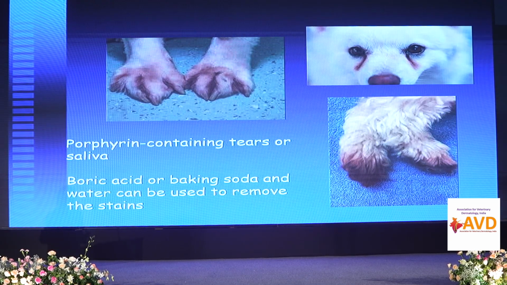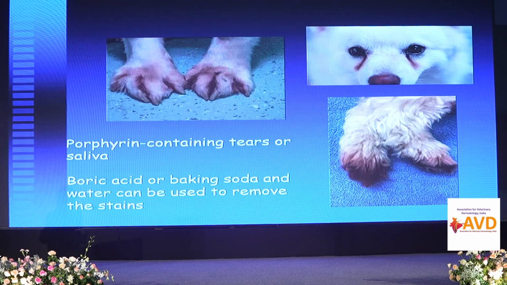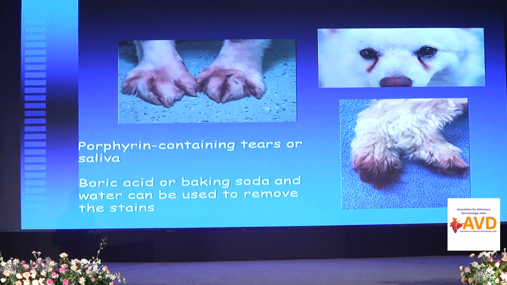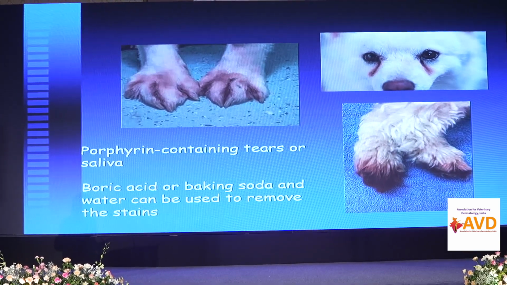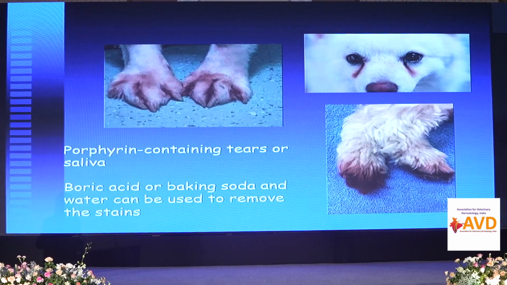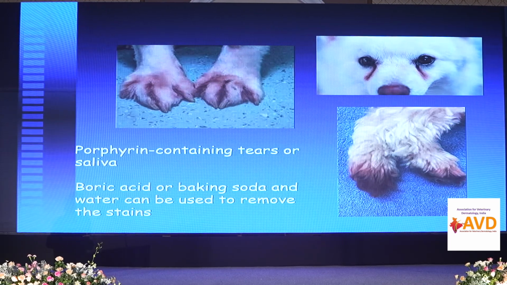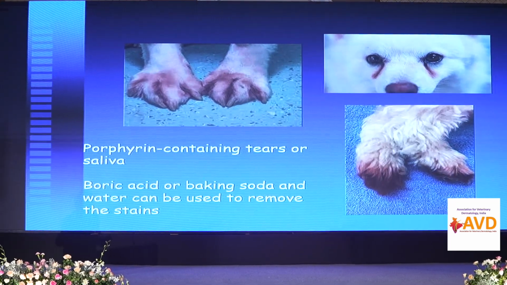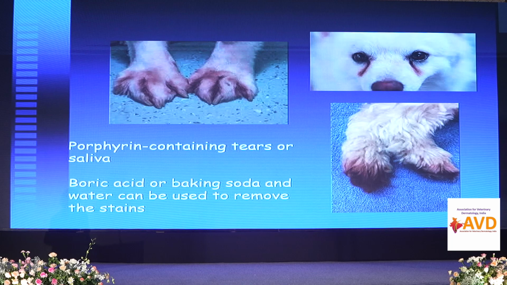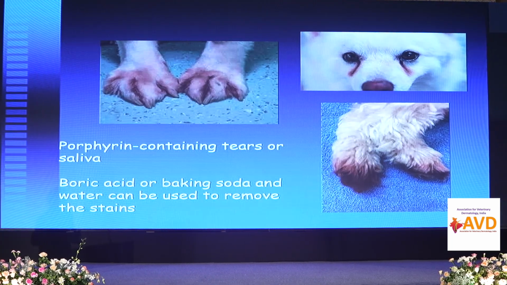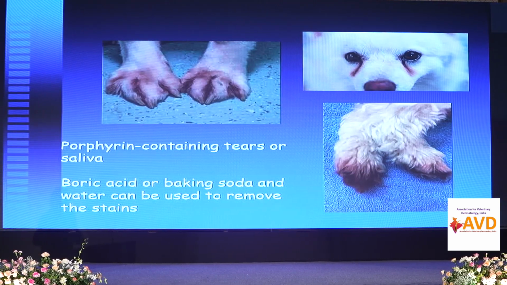And so owners will be concerned about what that means and what can they do to minimize that. So boric acid is helpful to remove the staining, and so is baking soda. These are kind of home remedies to consider, or at least to advise. They're very benign. And of course, if they're licking their feet, the next thing is to do something about it, right?